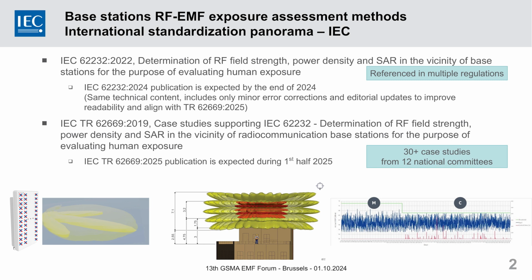In the middle, you see aerial deployment, what happens when we install the base station into the environment. And on the right, when we measure the transmitted signal, it's varying a lot in time and in space, and we will discuss later what is the impact of these variations on the assessment.